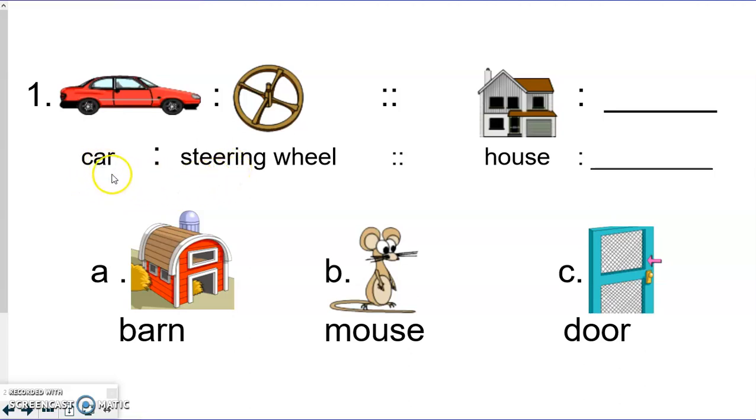So if car is to steering wheel is whole is to part, then house is to blank needs to also be whole is to part. And I can verbalize this, remember, to help myself. I could say a car has a steering wheel as a part.